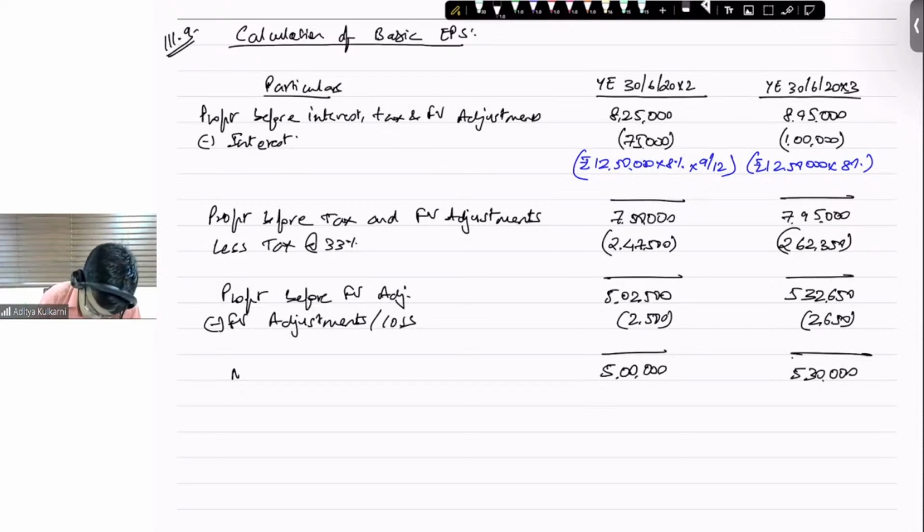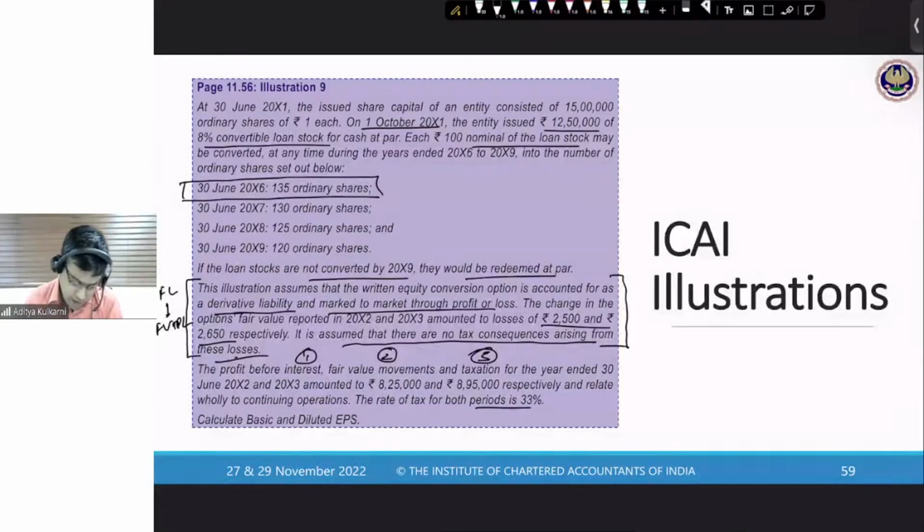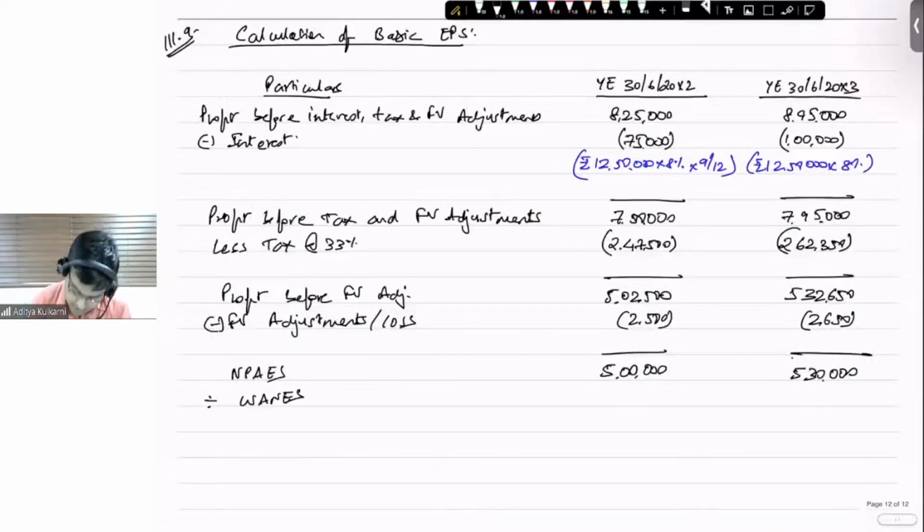Net profit attributable to equity shareholders divided by weighted average number. How many shares at 30th June? It is having 15 lakh shares.